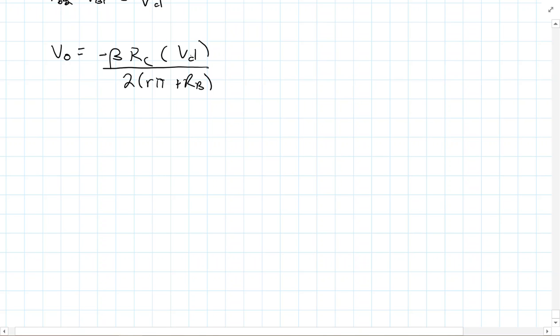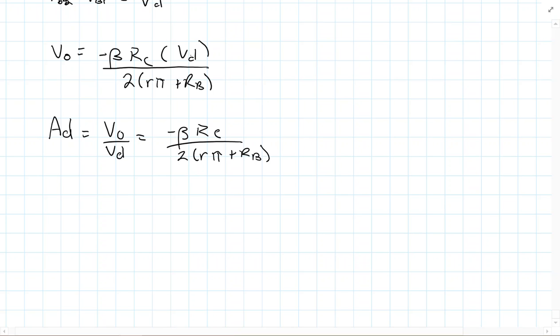So my differential voltage gain, which is V out over VD, is minus beta RC over 2 times R pi plus RB. Let's take a side note here.